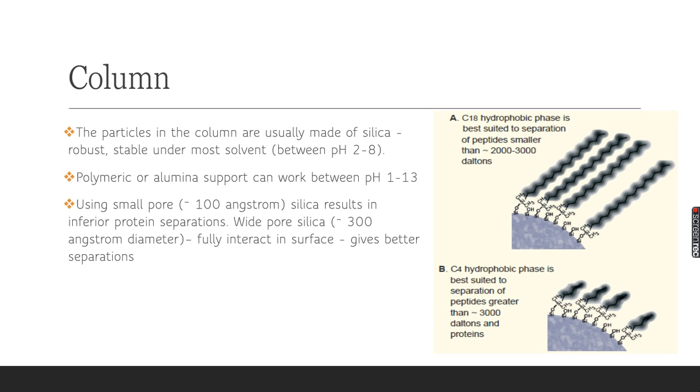Normally, using small pore silica results in inferior protein separation, while wide pore silica can fully interact with the surface and give better separation, because the globular protein must have its surface exposed and must interact with the support material or adsorbent. If I have small pores, then possibly the whole globular protein structure is not accommodated, and it cannot really interact. So a larger or wider pore size is important.